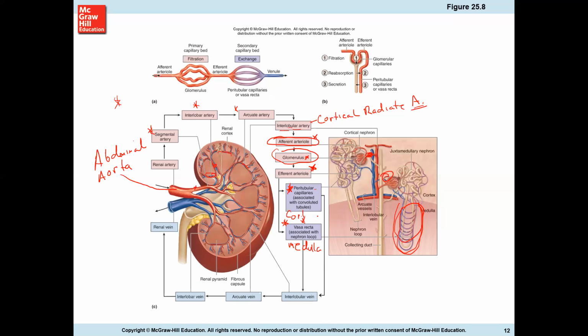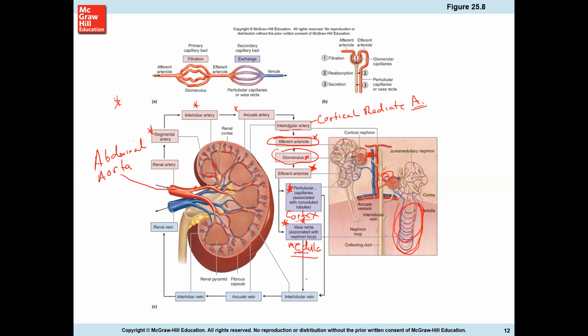Because in the cortex is where you have your glomerulus, of course, renal corpuscle, and you have your DCT, distal convoluted tubule, and your proximal convoluted tubule. The vasa recta surrounds the loop of Henle, which is in the medulla. Descending loop of Henle, hairpin turn, ascending loop of Henle. Thick and thin parts of the ascending loop of Henle. And you'll find out the physiology, and I'll go over that if I can before we leave here.